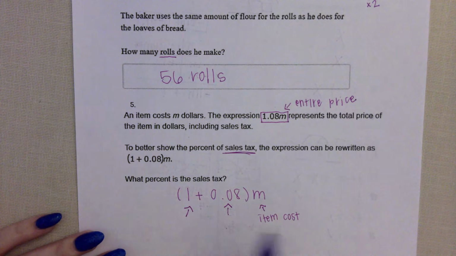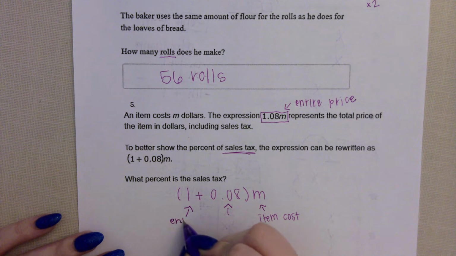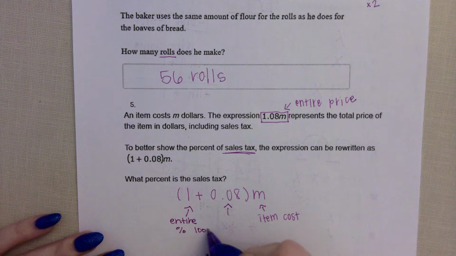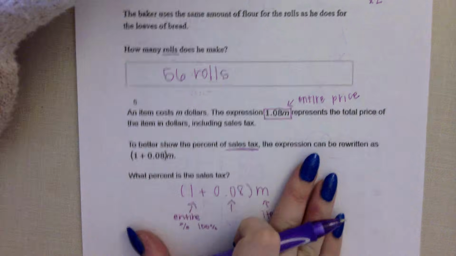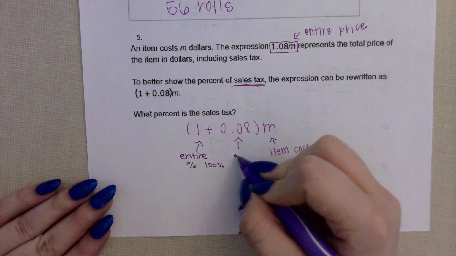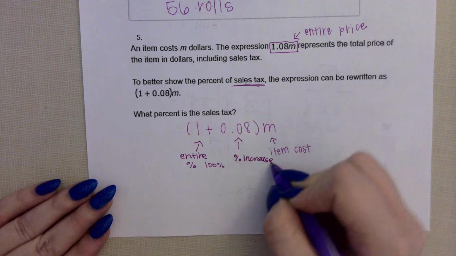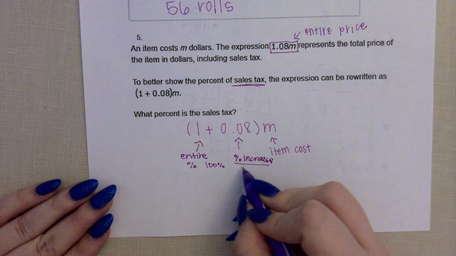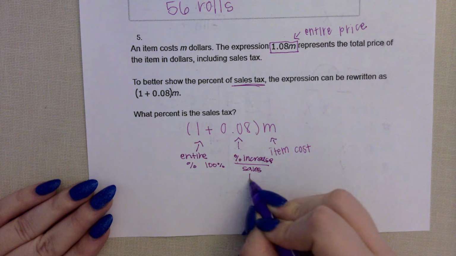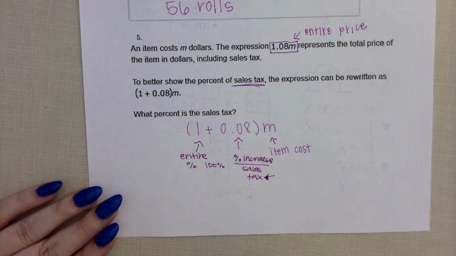So for this, I would know that 1 is representing my entire percent, so that 1 is representing 100%. So then this 0.08 is representing my percent increase. Remember, percent increase can also be my sales tax, because a tax is an increase of money.